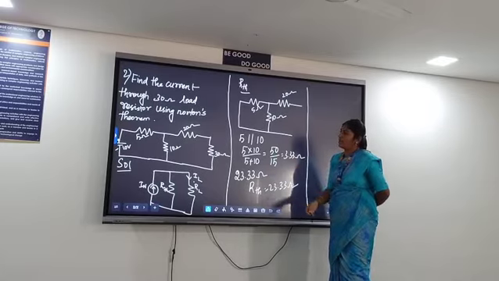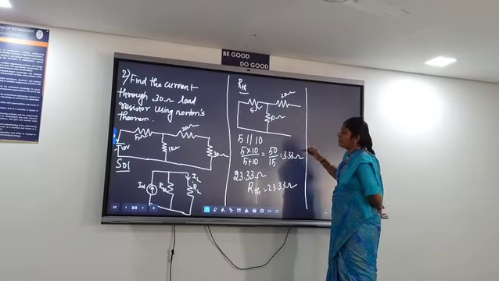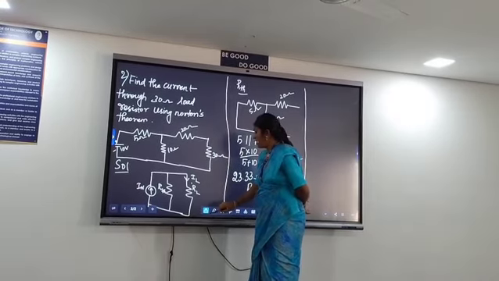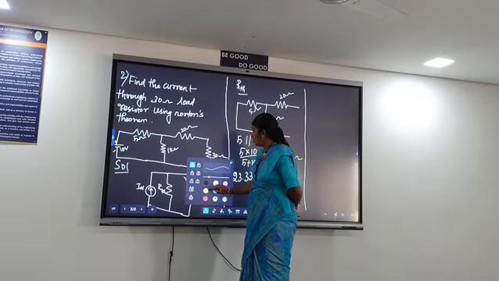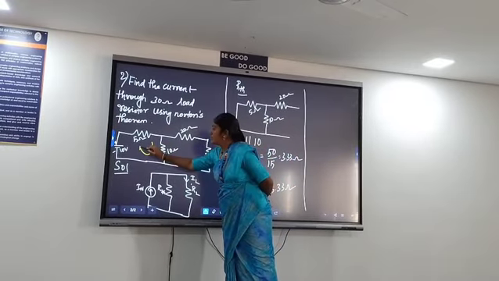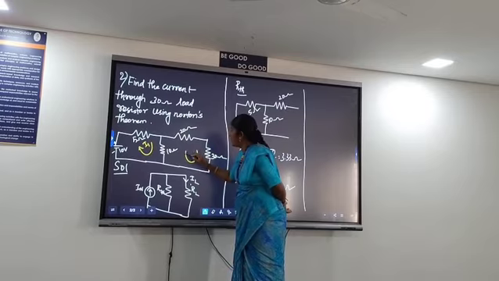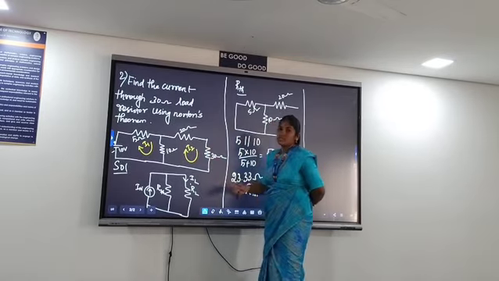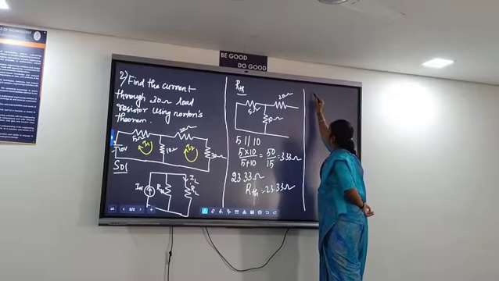Next is to find the value of IN. We take the circuit as it is. We use the first mesh with current I1 and the second mesh with current I2, and apply Cramer's rule.